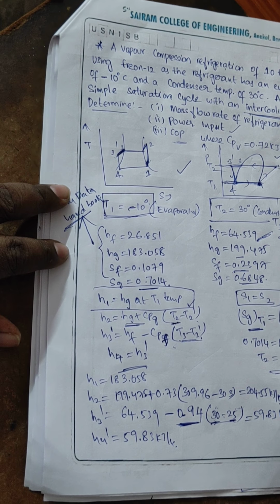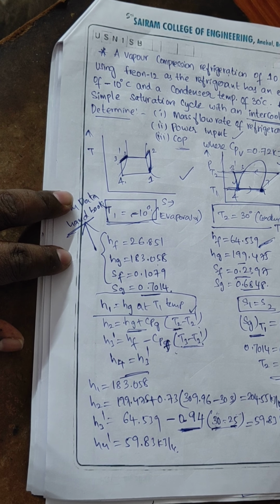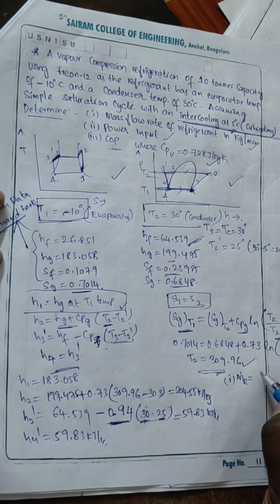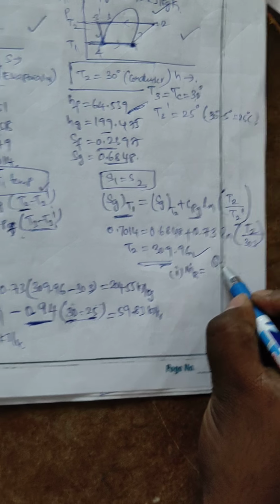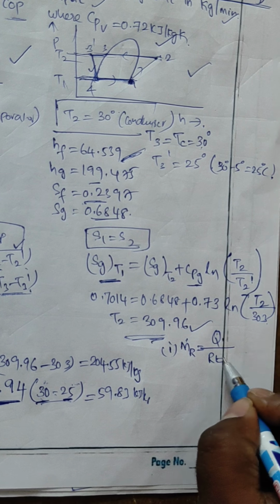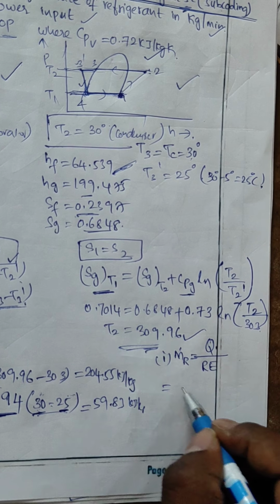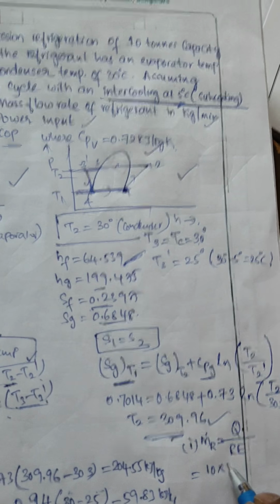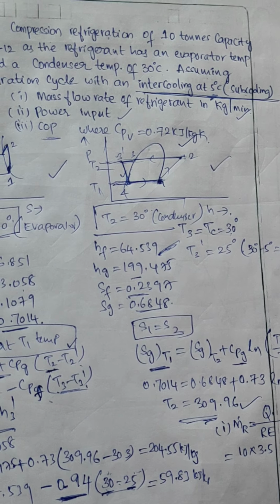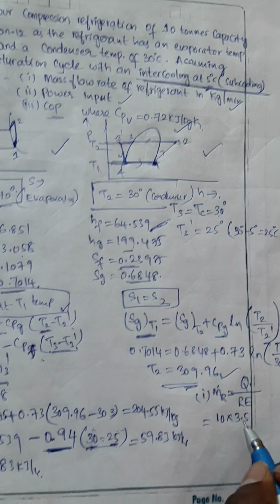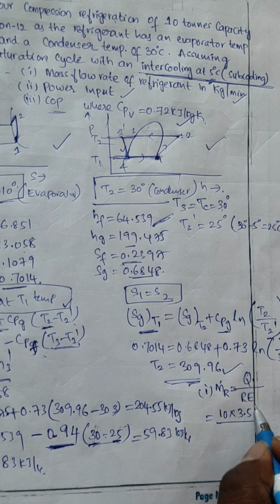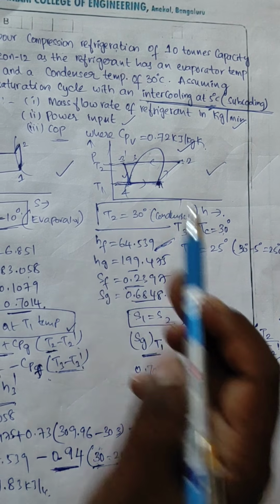In this, first we need to find the mass flow rate. M dot r is equal to total heat transfer divided by refrigerating effect. Total heat transfer is 10 tons, given as 10 into 3.5, divided by refrigerating effect, which is H1 minus H4.